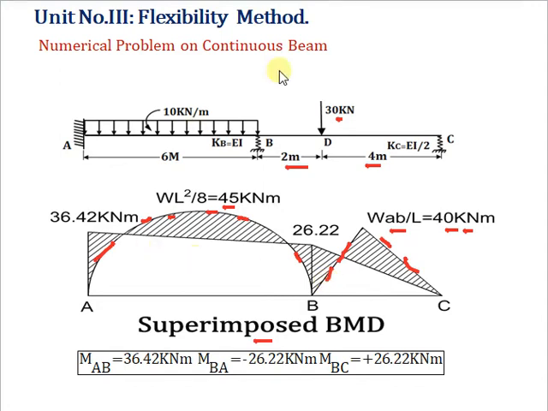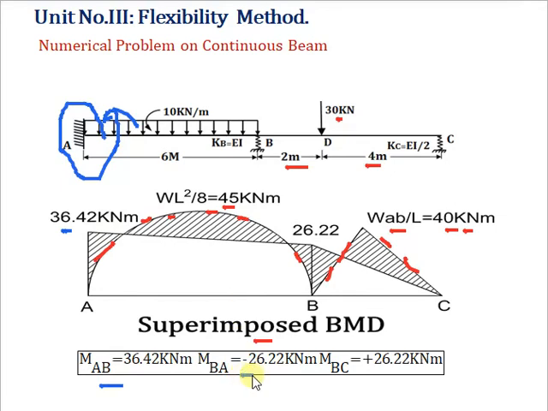Next, draw the bending moment for the end moments. First, the end moment MAB is 36.42 kilonewton meter. To get the direction, put your pen over the span AB and rotate about A in an anticlockwise direction. Our sign is positive, so anticlockwise direction. After one complete rotation, the arrow is coming up, so you have to show 36.42 kilonewton meter upward.